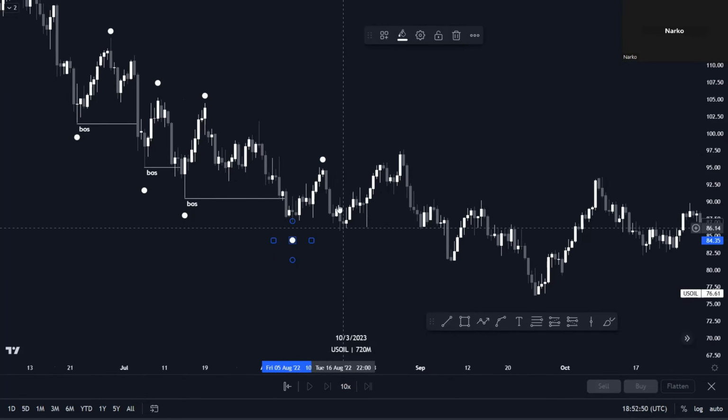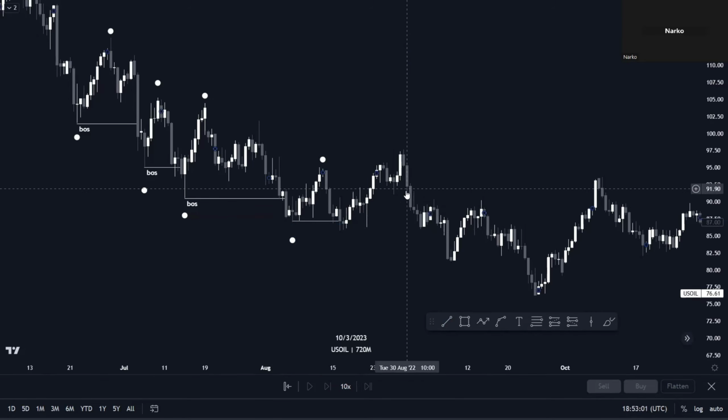This lower high pushed price to the downside to violate our previous lower low, creating a break of structure.